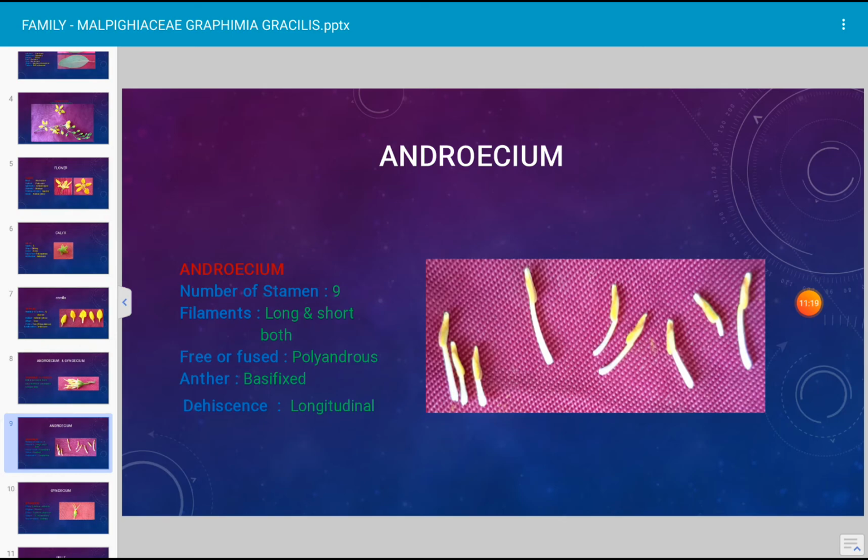What is a stamen? Stamen consists of an anther lobe and a filament, a stalk-like structure. Filament and anther together are known as stamen. The anther lobe is attached to the filament by its basal region. Therefore, the anthers are basifixed. We have to describe it like this: basifixed anther.